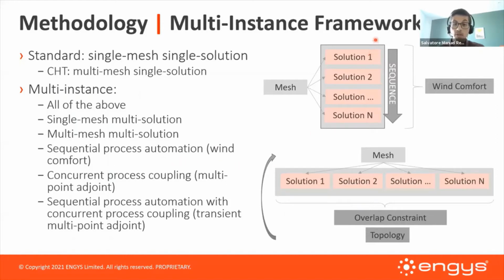For example, solutions obtained sequentially one after the other, and this is what is done in the case of the wind comfort study. Or concurrent process automation, for example, we use this for the multi-point join, mesh and solutions run concurrently. And after that, sequential process automation with concurrent process coupling. We use this for the transient multi-point join, so we can go from here to here.